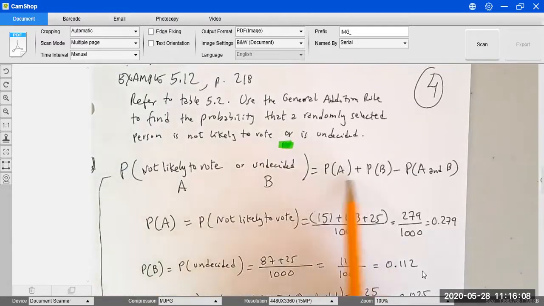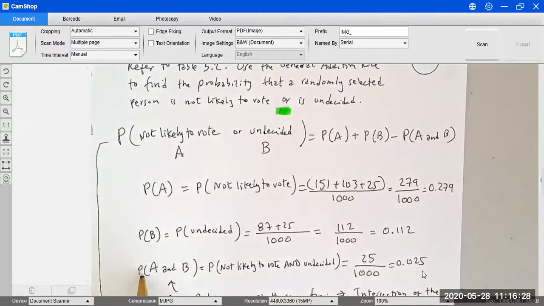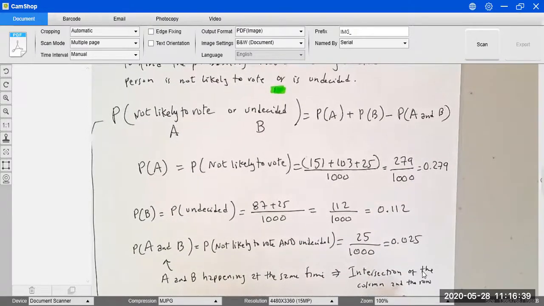Now, when you use the formula, you need to also find whether there is an overlapping region, whether there is the possibility that the same person might be part of both events. So the probability of A and B is that A and B are happening at the same time. It is the intersection of the column and the row. So it is the probability that a person is not likely to vote and is undecided.